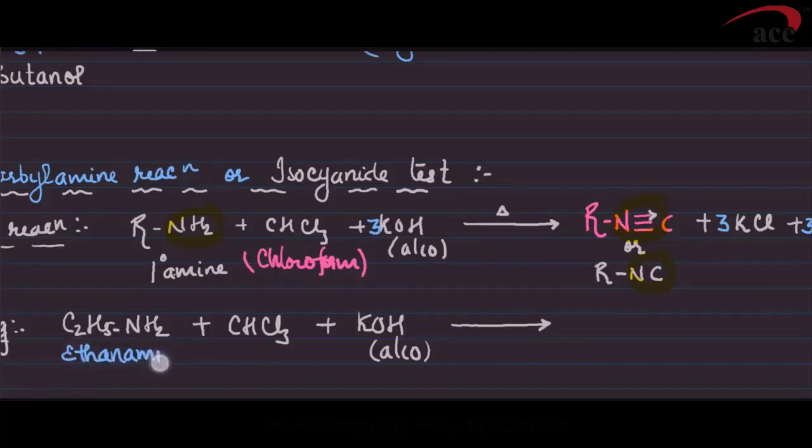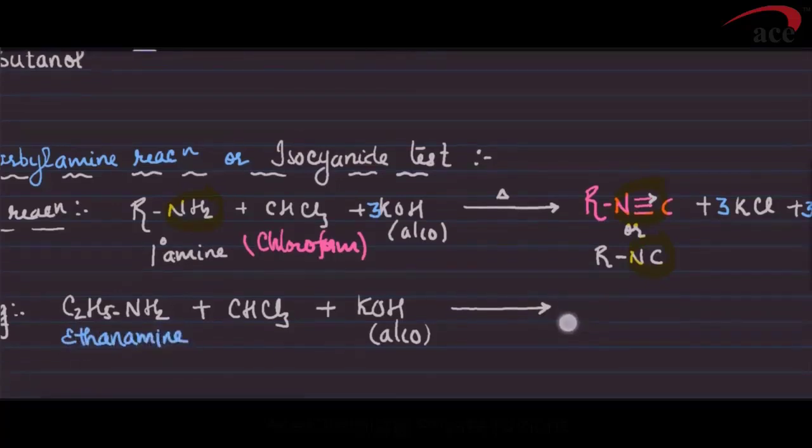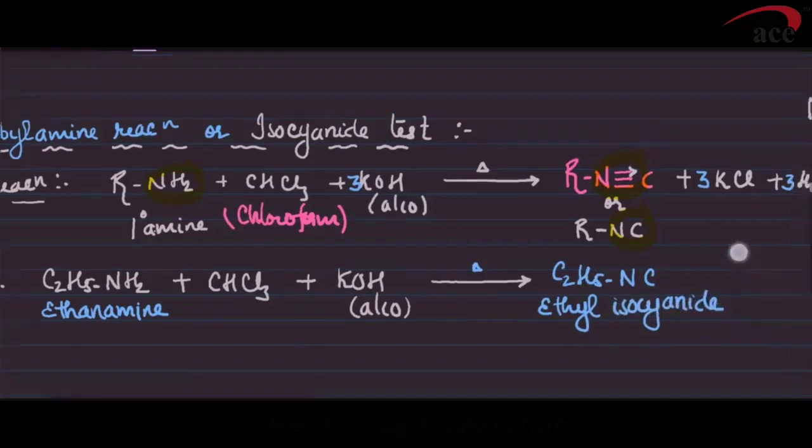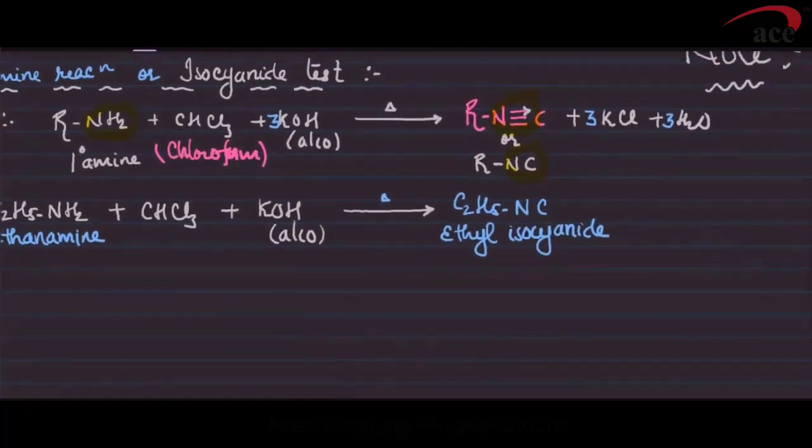So ethanamine on treatment with chloroform or even iodoform plus alcoholic KOH results in the formation of C2H5NC. C2H5NC is nothing but ethyl isocyanide, with an unpleasant odor, a foul smell, indicating the presence of a primary amine.